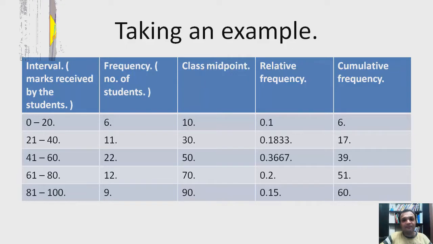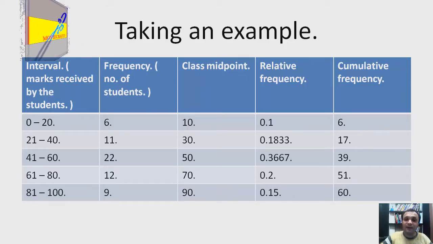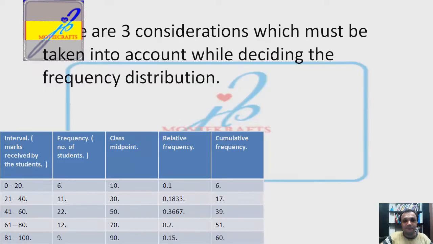And the number of students falling in each class is shown in column 2: first 6 students, second 11 students, third 22 students, fourth 12 students and fifth 9 students. So we have shown that in the table.